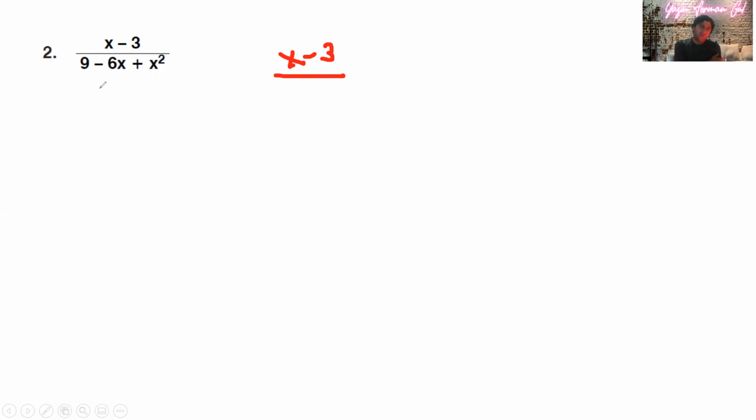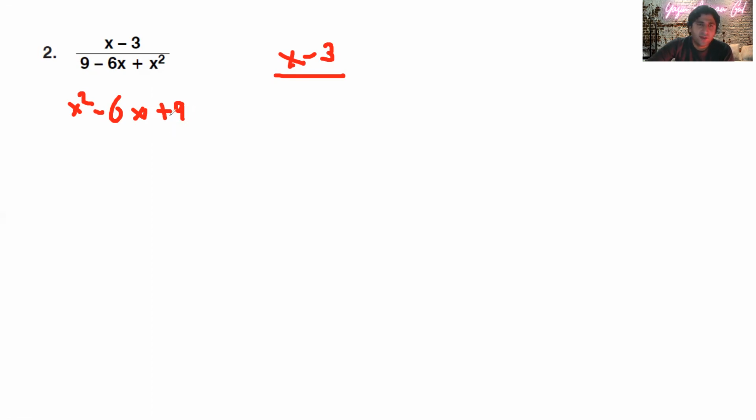The standard form for a trinomial is x squared plus bx plus c. Then this standard form is going to be like this. This basically equals x squared minus 6x plus 9. Right, this trinomial, now I'm going to look for the factors of 9. Obviously, it's going to be 3 and 3, right?